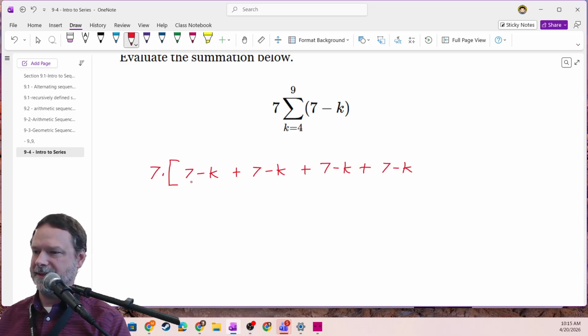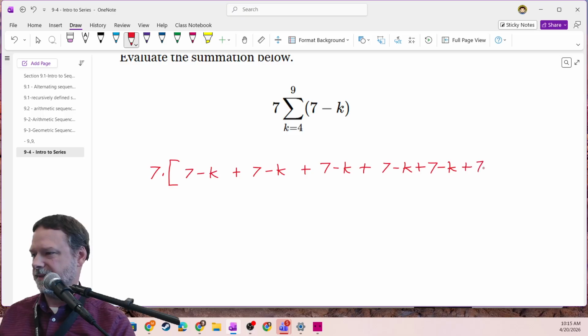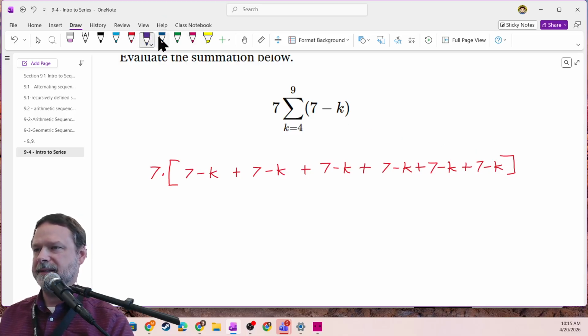From 4 to 9, that's going to be 6 of them. So 1, 2, 3, 4, 5, and 6. But each of these k's is going from 4 to 9. So the first one should really be a 4. The second one should be a 5, because we're plugging in 5 now.